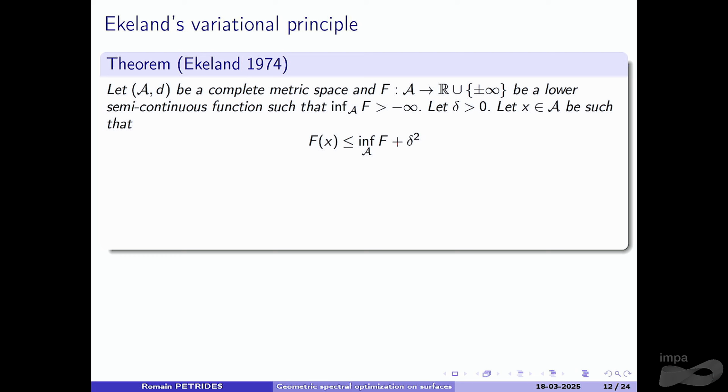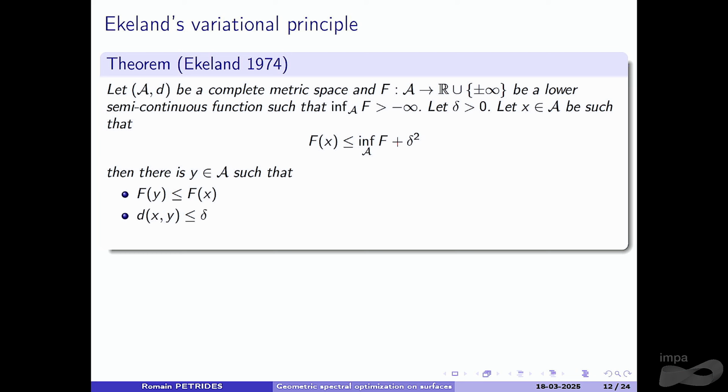And you take something which is almost a minimum, so almost up to a delta which is small. Then Ekeland guarantees that you have something in A which is better than x, in the sense that f of y is less than f of x, so it's closer to the minimum.